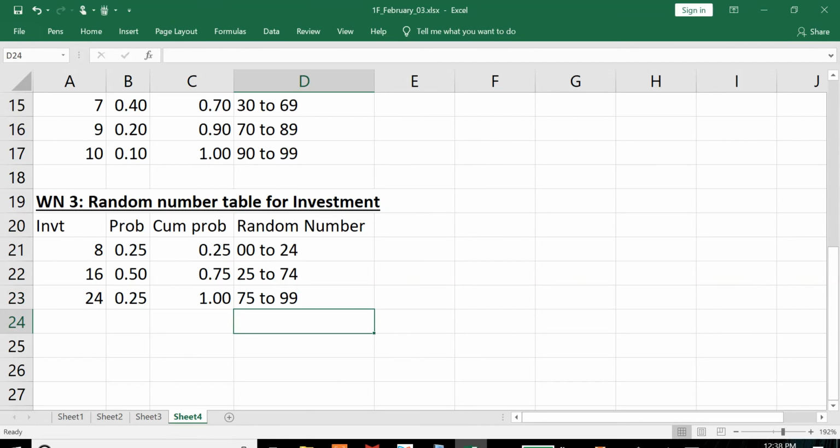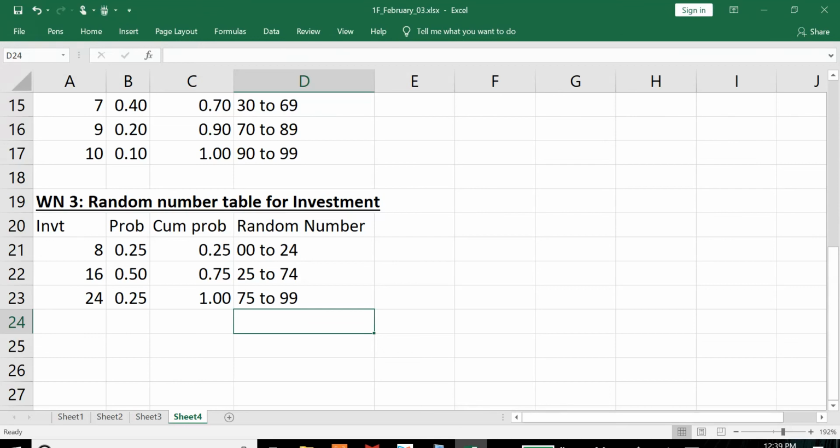00 to 24, 25 to 74, 75 to 99. Any doubts on this?